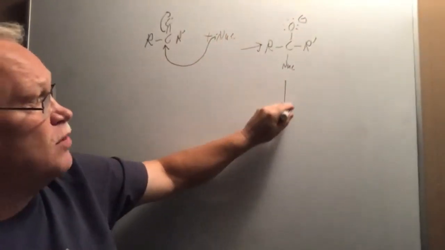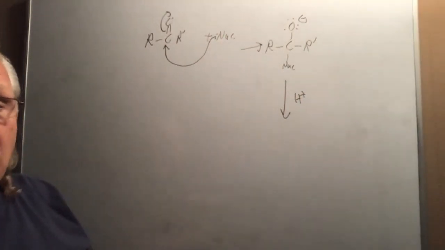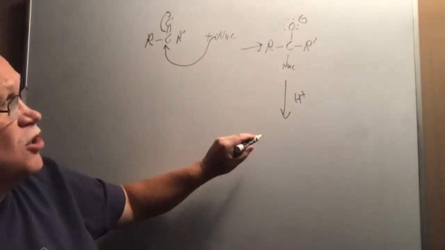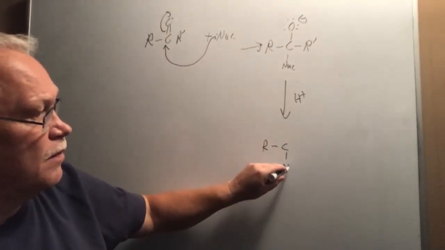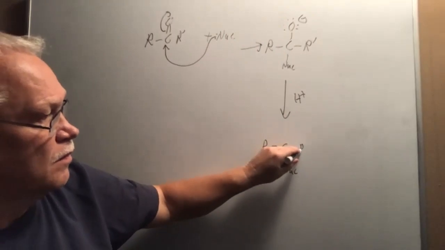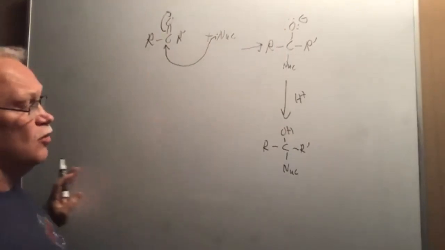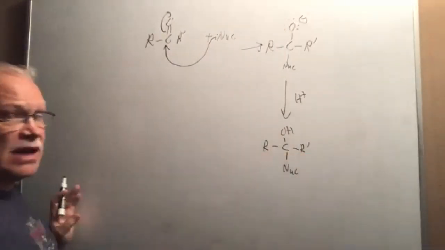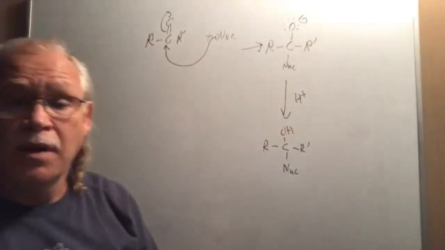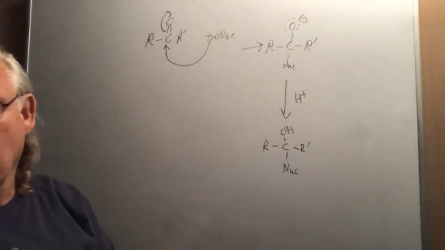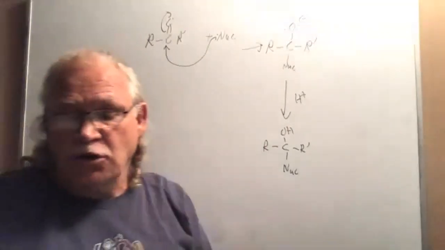Then if we protonate this in step 2, remember all protonation does is protonate the oxygen. So notice what we have. We have taken a ketone and turned it into some type of alcohol, where we have done our backside attack with the nucleophile. That's all there is to this.